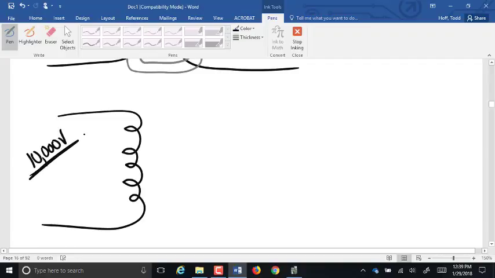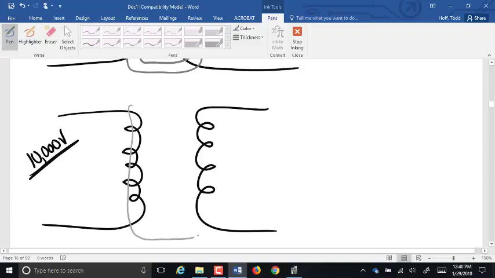So let's have a high voltage transmission line, 10,000 volts. Does anybody know what the usable voltage is coming in basically for most lines that come up to your house or shop or whatever?